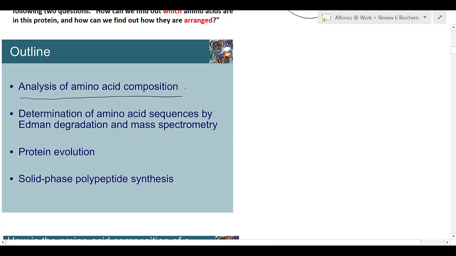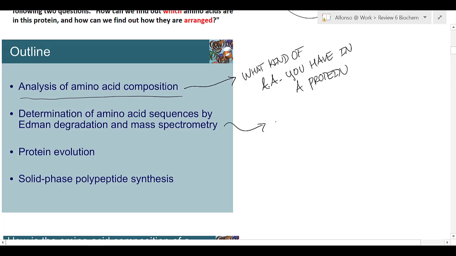So this part right here tells you what kind of amino acids you have in a protein, and this second one right here tells you how they are arranged.